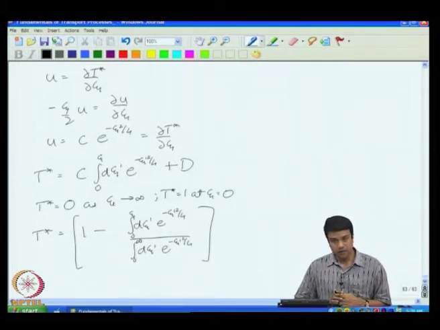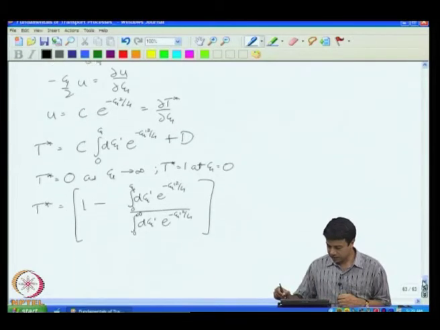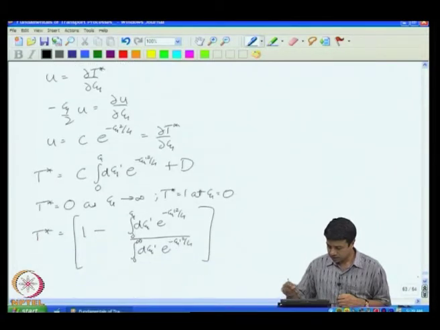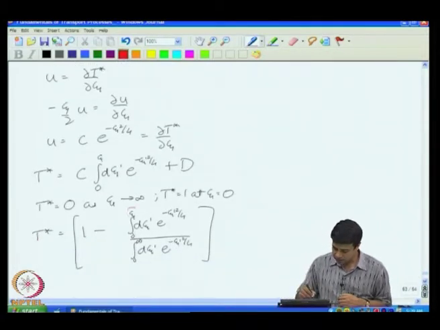And I put in the similarity transform once again. That similarity transform, you will note, comes in only in the limits of this integration.